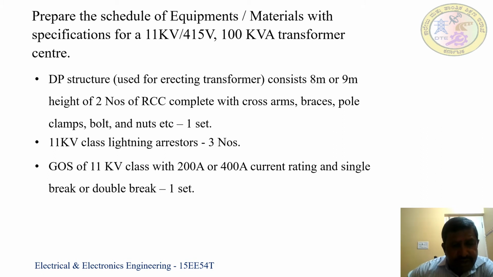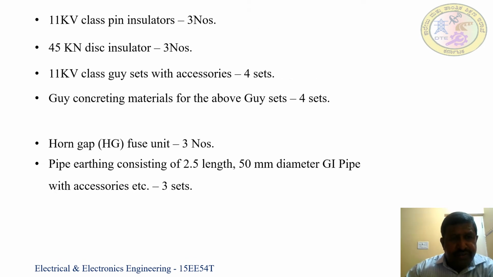Next, the material is GOS, Group Operating Switch or Gang Operating Switch. It is of 11 kV class with 200 amps or 400 amps current rating with single break or double break. So that is one set. The next material is 11 kV class pin insulators, quantity 3 numbers, 1 number for each phase.